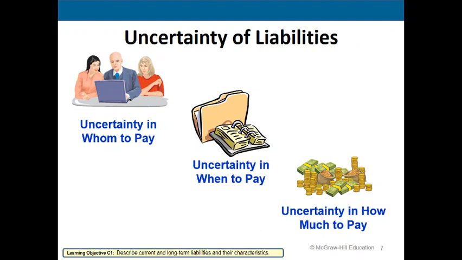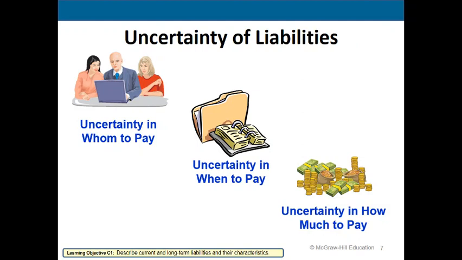Well, sometimes you have uncertainty with liabilities. Those uncertainties can be exactly whom to pay, exactly how much to pay, and when to pay. Usually you don't have uncertainty as to whom to pay, but they give this example that I've never seen before in my life.